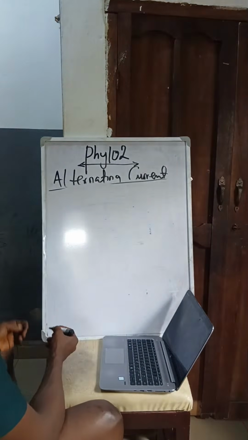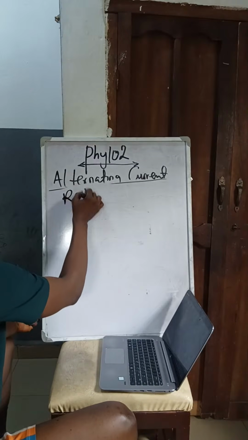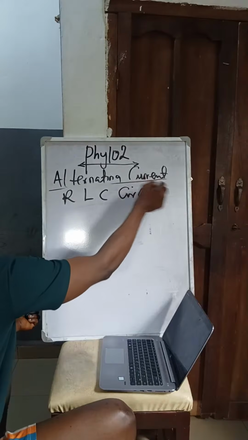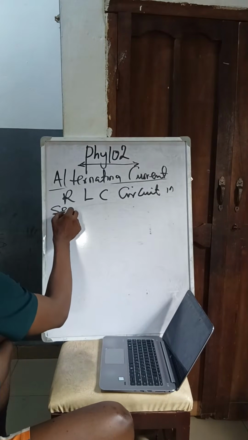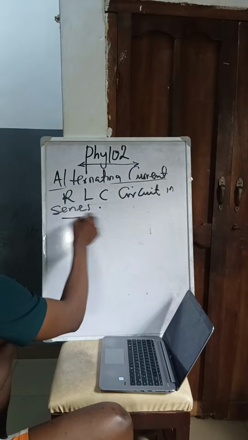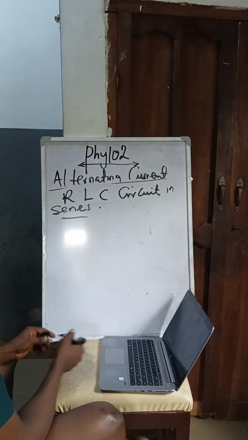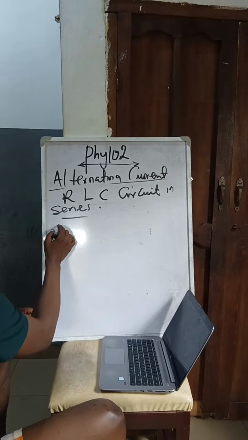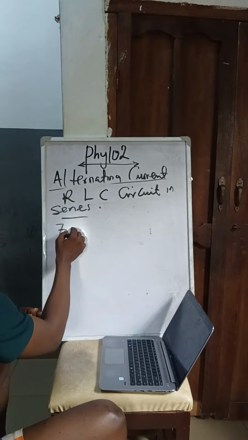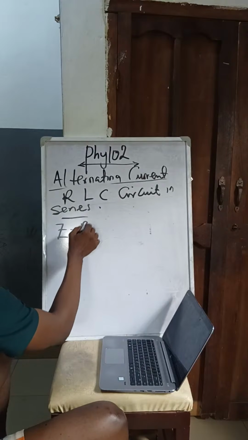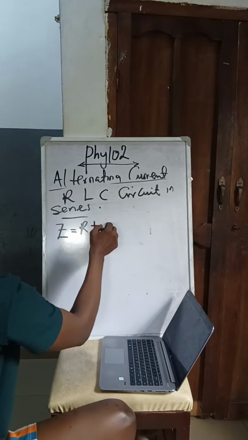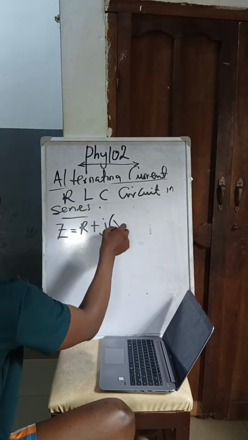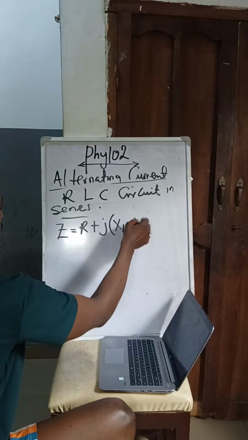All right. We have what we call an RLC circuit in series. So in this case, Z is equal to R plus J(XL minus XC).